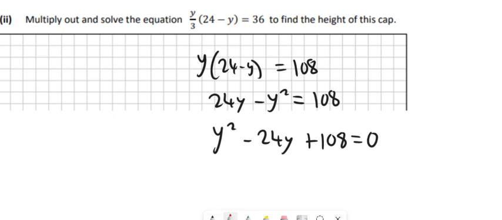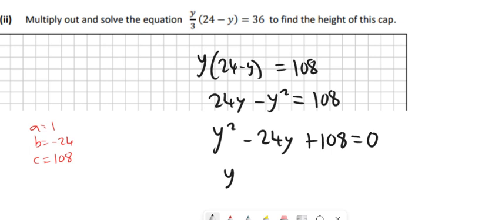Now, easiest thing is probably put it into the minus b formula there. So a is 1, b is minus 24, and c is 108. That's the easiest way. I probably just put it in there, or you could try and factorize it.